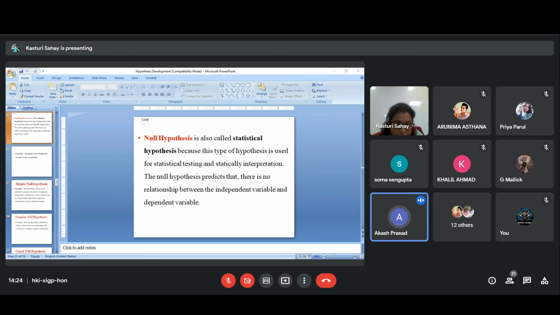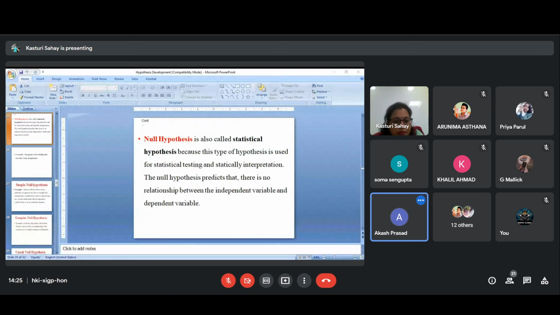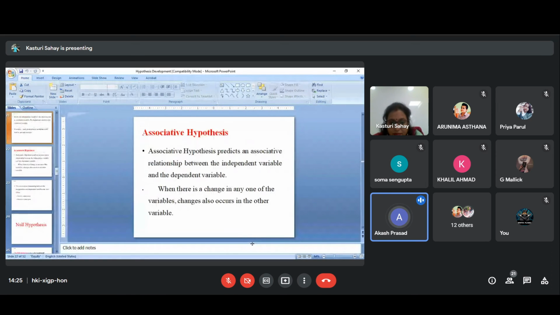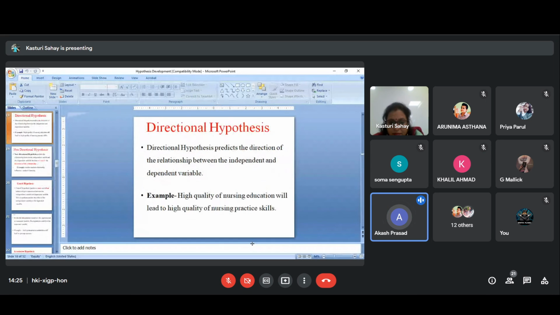Ma'am, I have a doubt regarding directional hypothesis. Yes. Ma'am, you said that the increase of one thing leads to the increase of another thing, and you gave that example of directional hypothesis. I want to ask whether the positive happening of something leading to the negative happening of something also comes into directional.